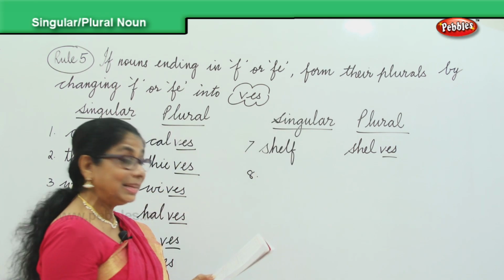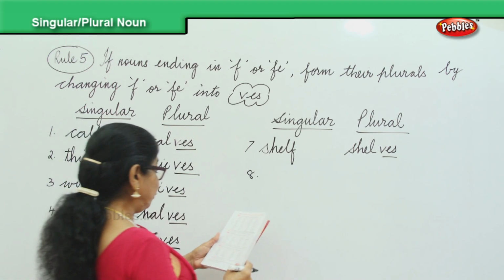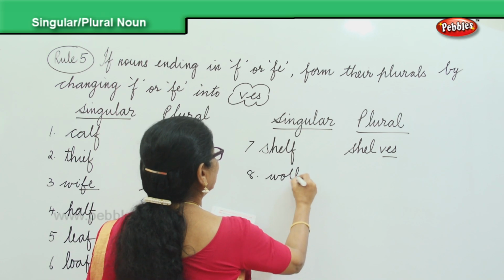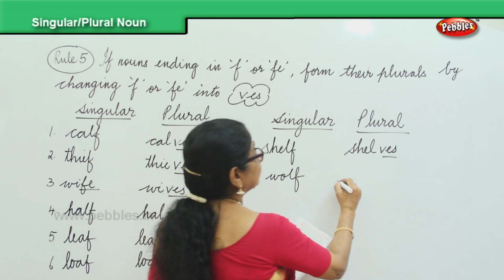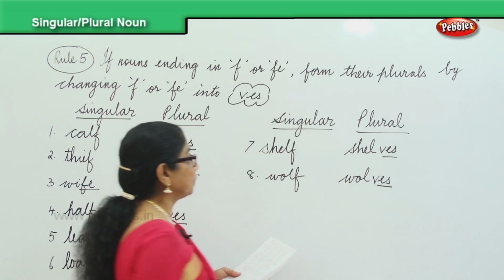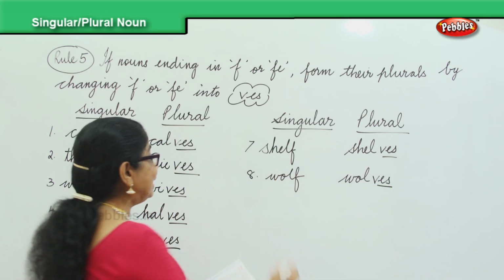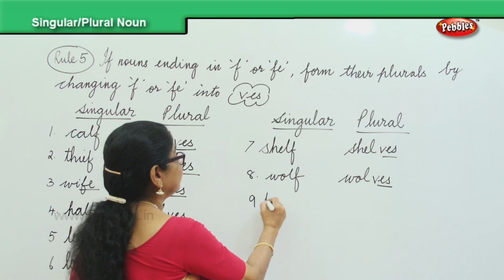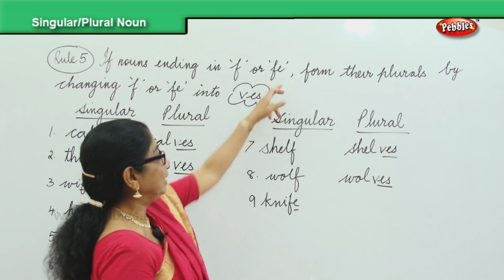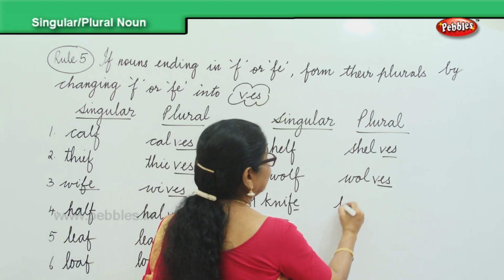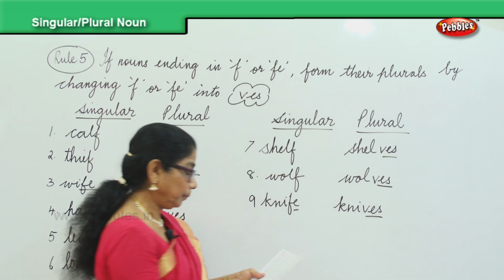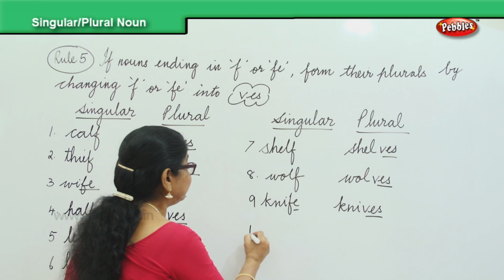Then you have, thief I finished, wolf. Wolf. VES. Wolves. Then I have here knife. FE. Here you have FE. Knives. More than one knife. Then we have life.